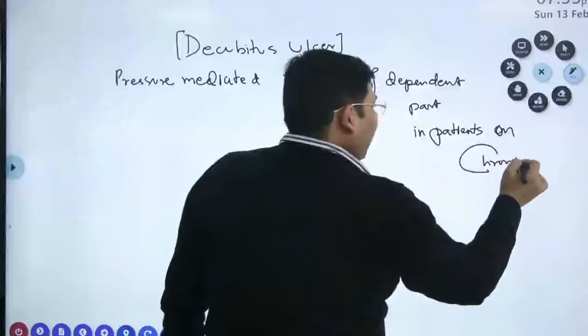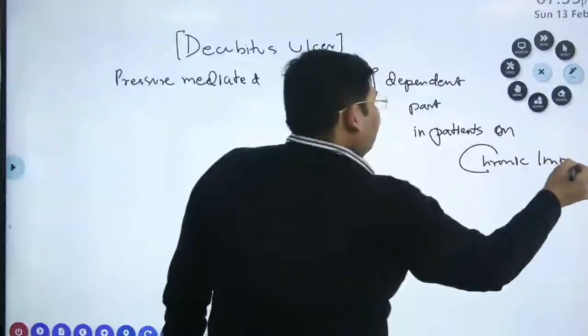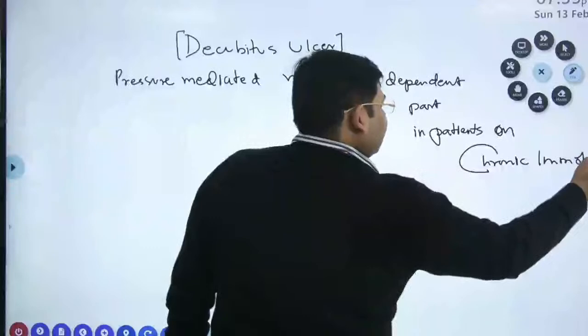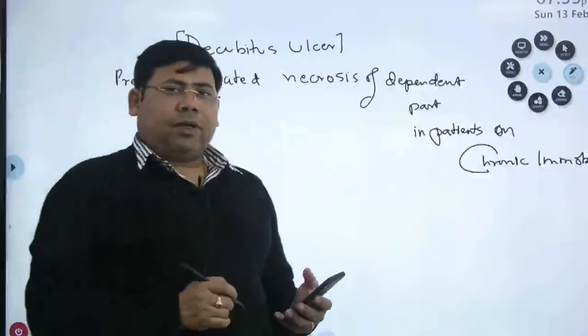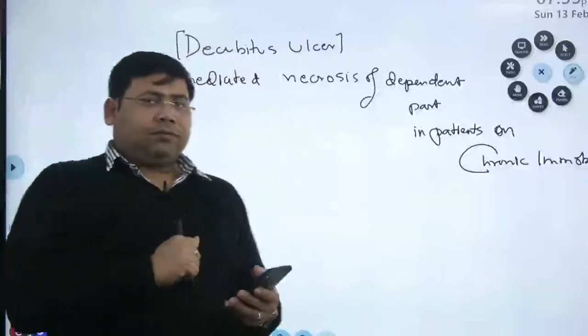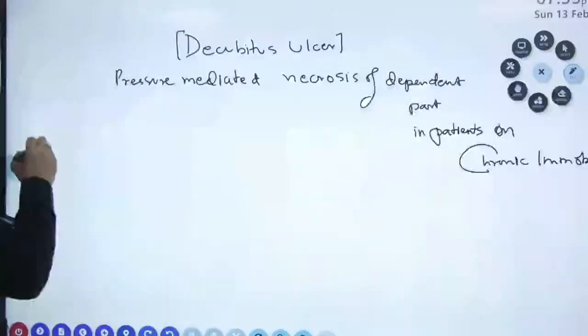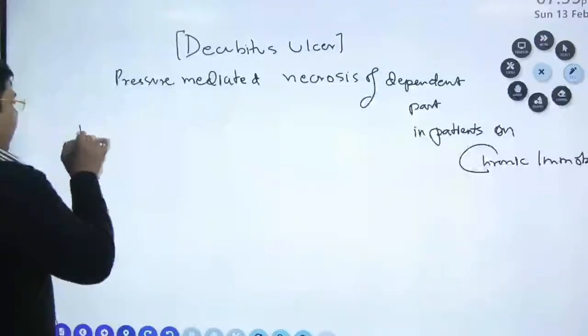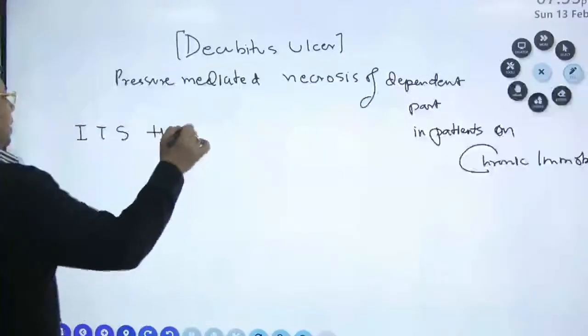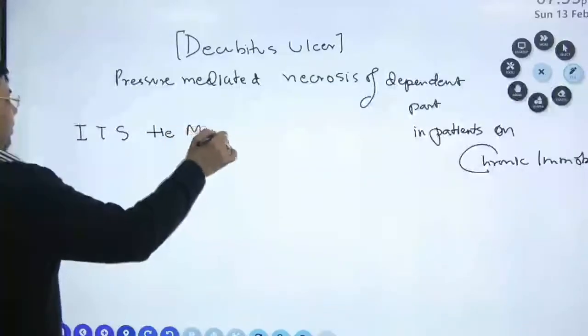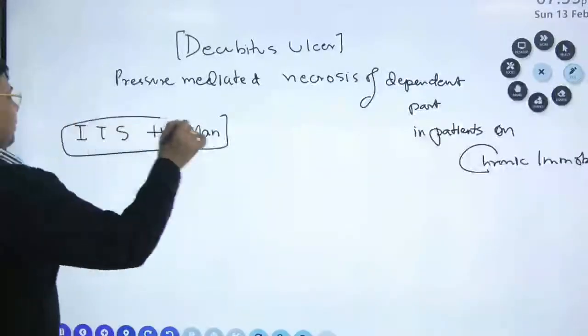Now I want to ask you, what is the most common site? Come on, tell me. Can you tell me the most common site? Remember a mnemonic. I have made one mnemonic. It's a very bad level of mnemonics, but it works. So I remember it like this.